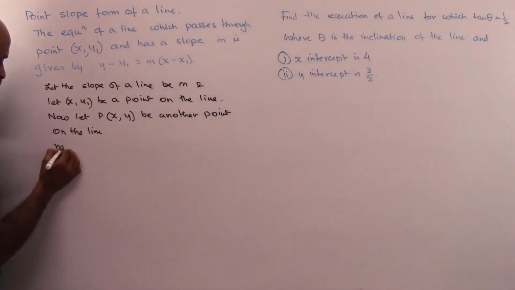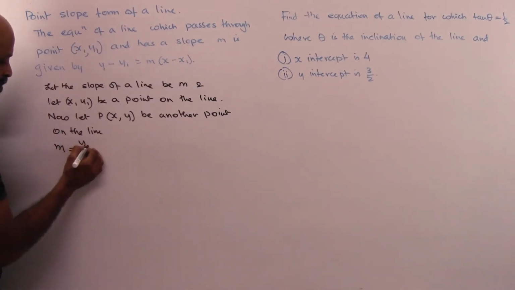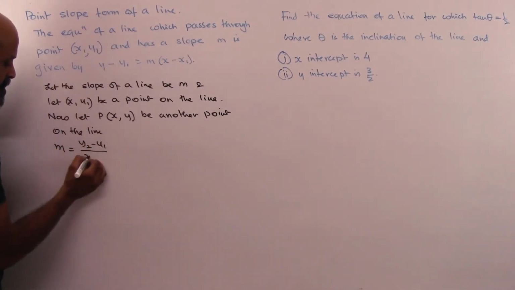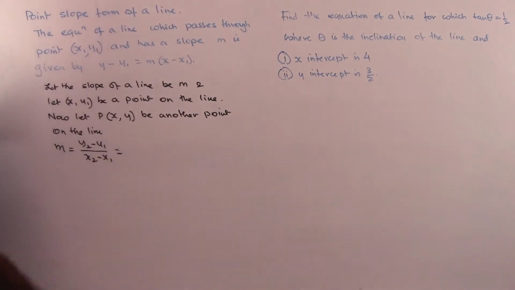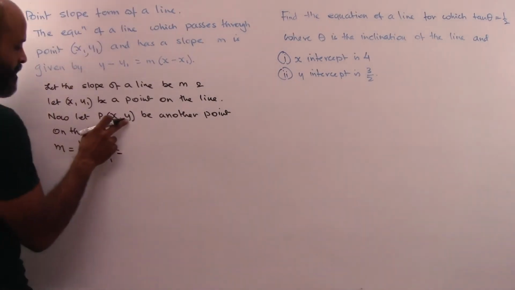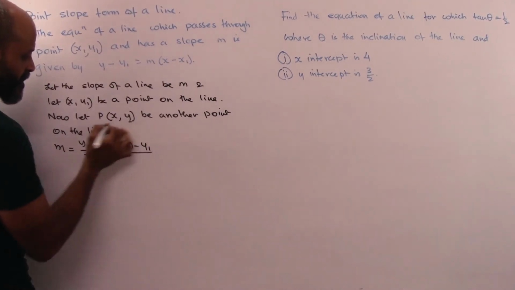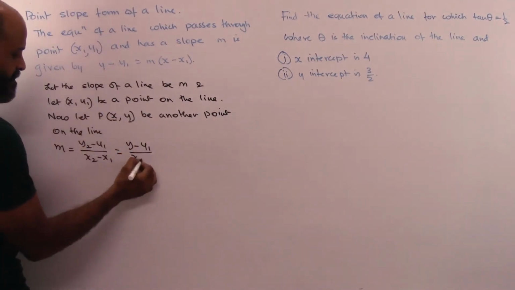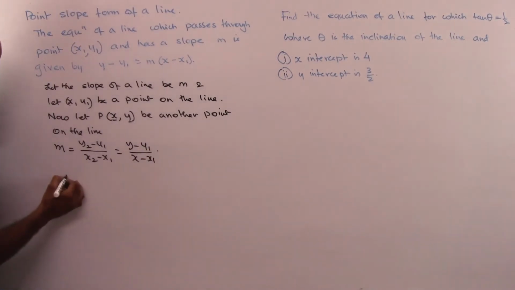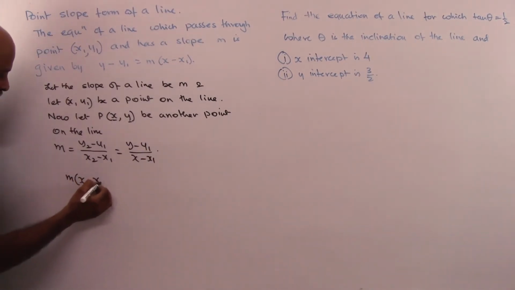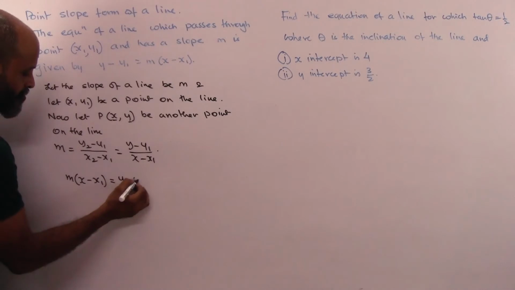The slope will be equal to y2 minus y1 upon x2 minus x1, something we have already considered earlier. So this will be y minus y1 upon x minus x1. So we have m into x minus x1 is equal to y minus y1.